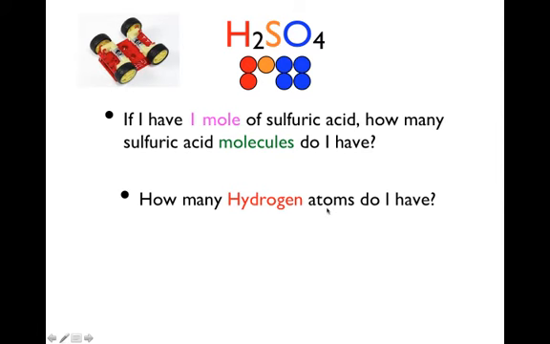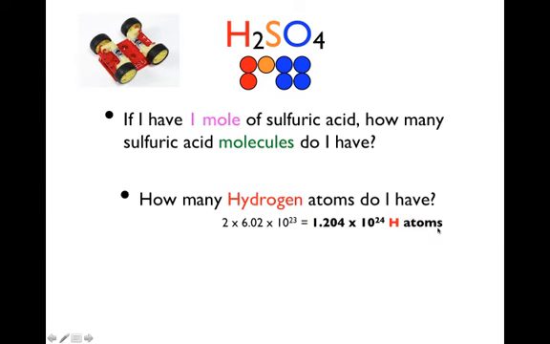Well, if you have 1 mole of sulfuric acid, you have 6.02 times 10 to the 23 sulfuric acid molecules, and there's 2 hydrogens for every 1. So how many hydrogens do you have altogether? The answer is 2 times 6.02 times 10 to the 23, which is 1.204 times 10 to the 24 hydrogen atoms.